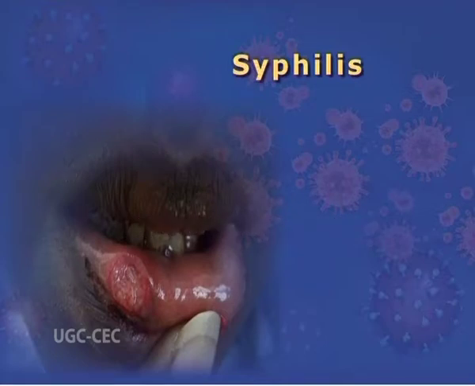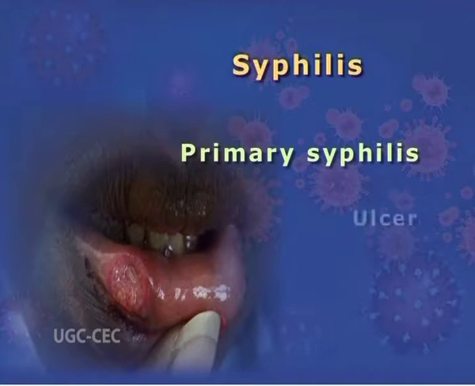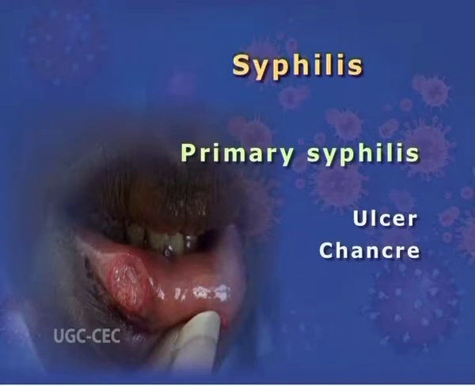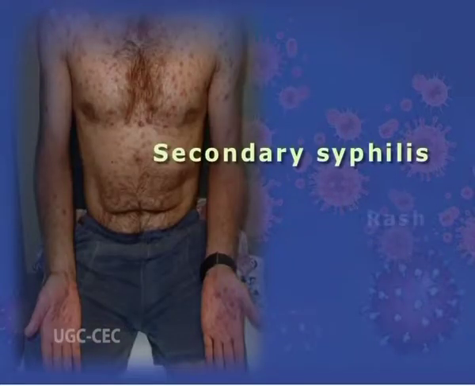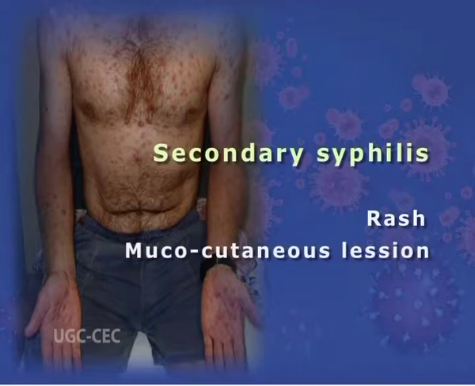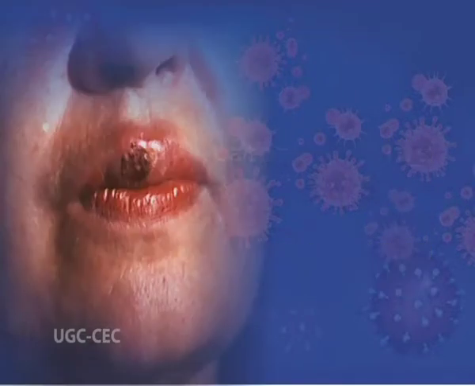Symptoms include: primary syphilis manifests as an ulcer or canker at the infection site. Secondary syphilis with rash, mucocutaneous lesions and adenopathy.